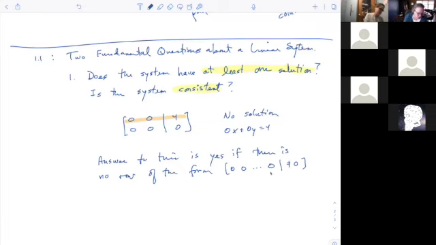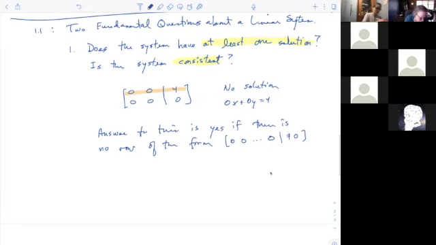All right, so if the system is not consistent, stop. All right, done. No need to go to step 2, right? Because you've already got your answer. There's no solution.